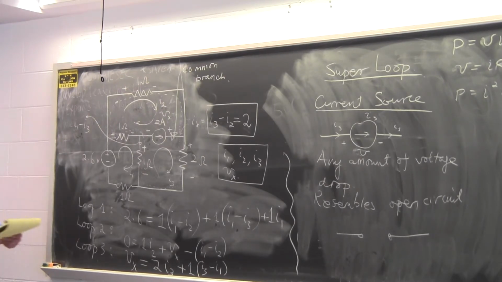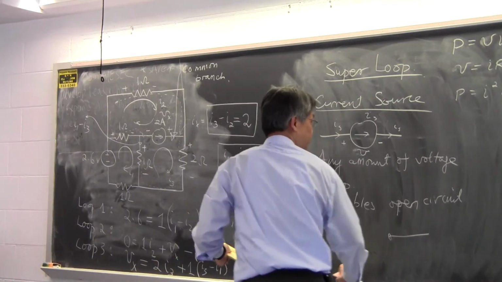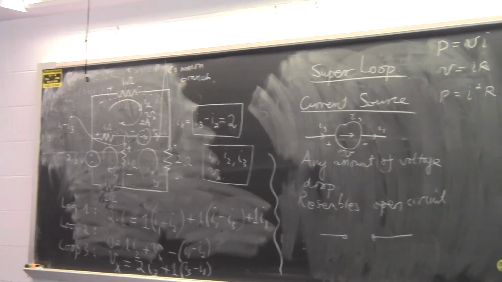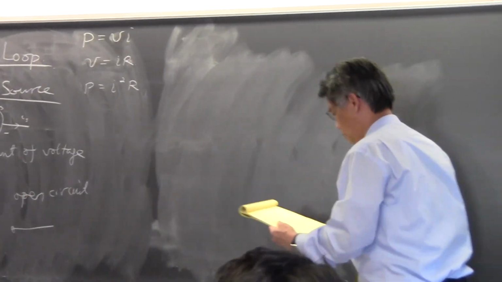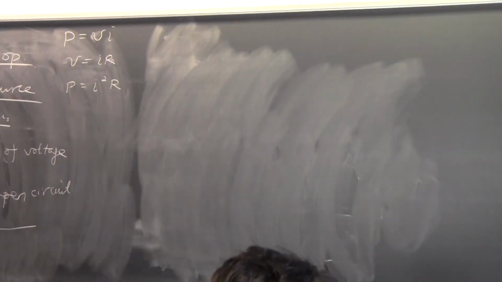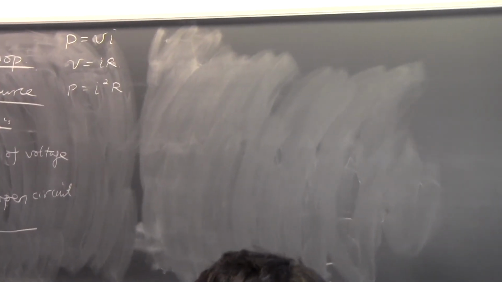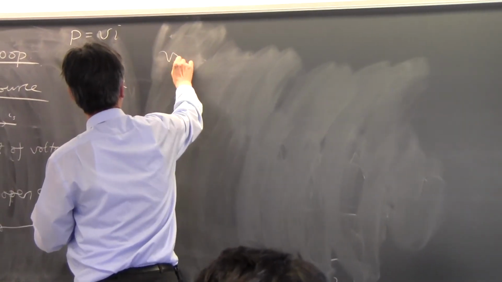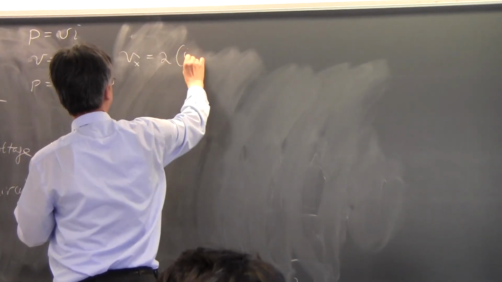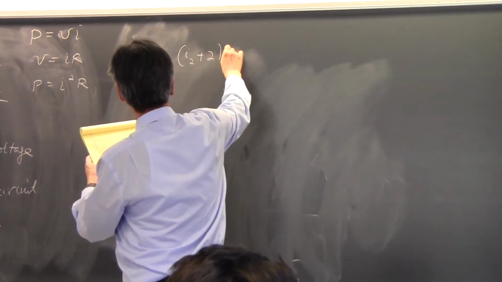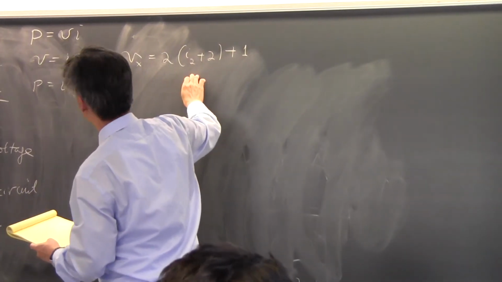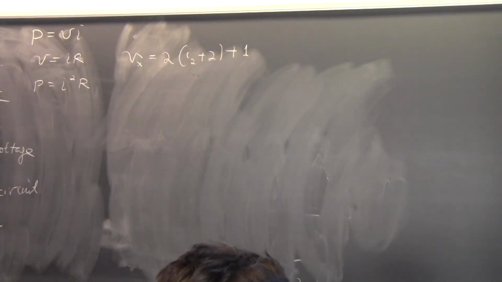So for instance, I can choose to write the third equation in this manner. I can choose to write equation 3 in this manner that looks something like Vx equals 2 times (I2 + 2) + 1. And this is I2 plus 2 because I'm making use of this equation.